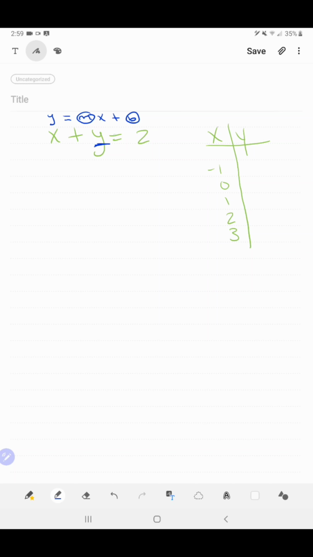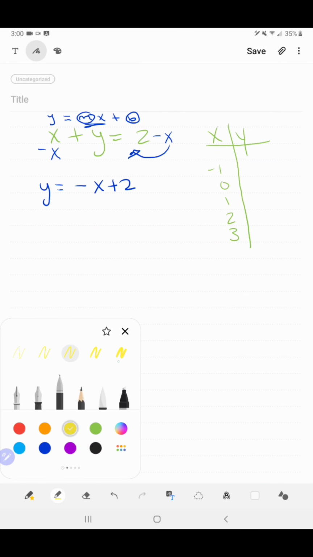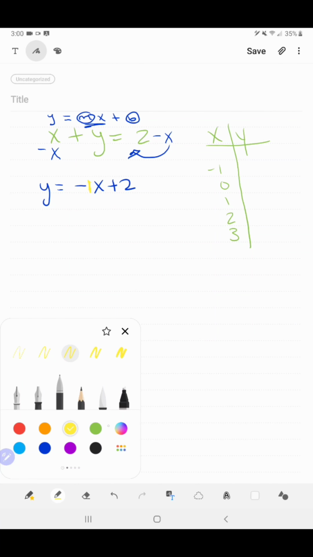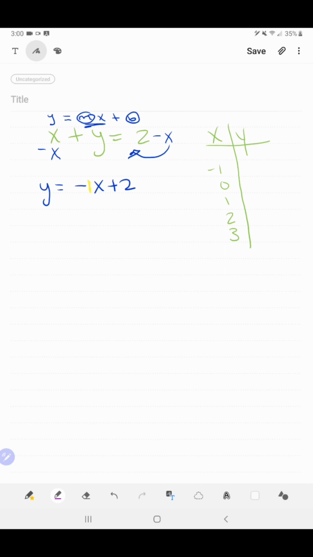It's on the left side of the equal sign, so the y can stay there. x needs to move, so we're going to do the opposite sign, minus x. So we've got y equals -x plus 2. Again, I put x in the front because that's the format. There's an invisible 1 here, just so you know, that way when you plug in, you don't forget to multiply times -1.